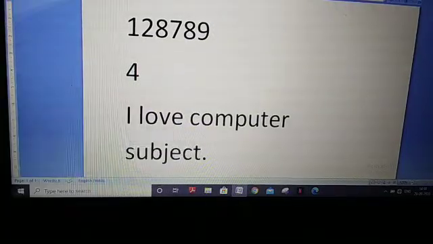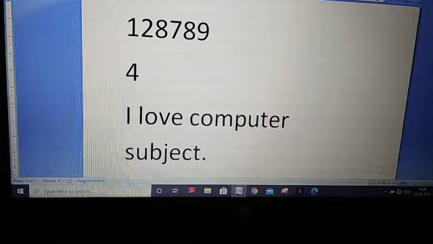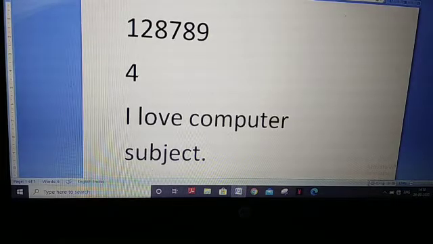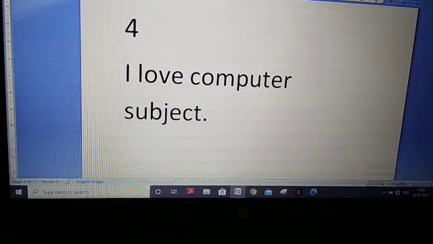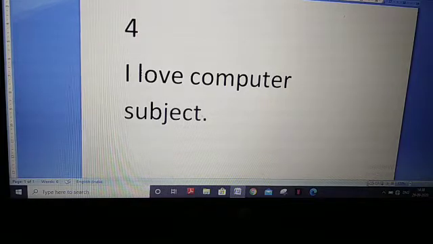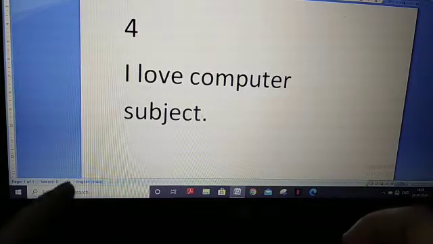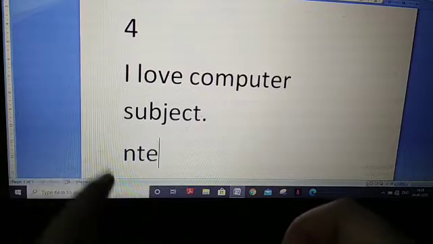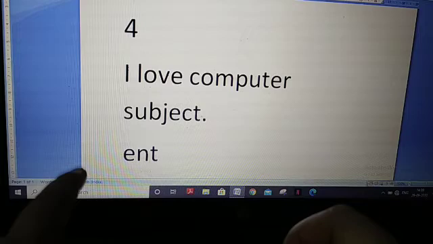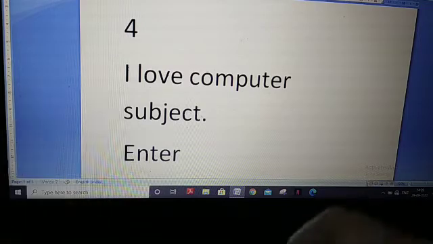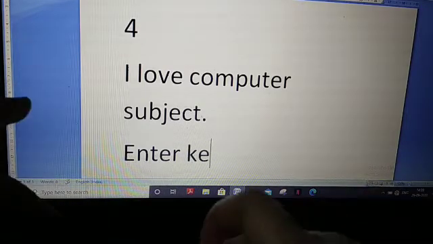Here you see the cursor is blinking. Now I'm going to press the enter key. Now you can see the cursor has come to the next line for writing the next sentence. Enter key.